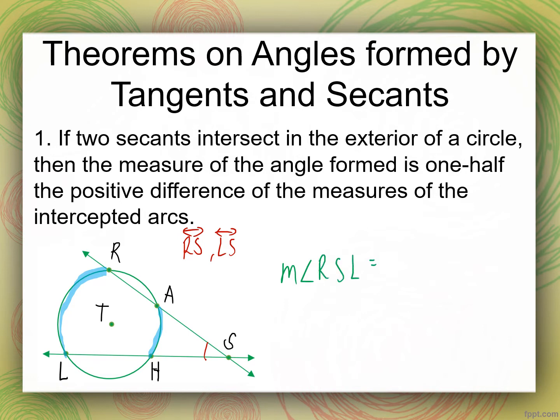So again, based from the given theorem, it is half the positive difference of the measure of the intercepted arcs. So here that is the measure of arc RL minus the measure of arc AH. Okay. Now let's have an example applying this concept.